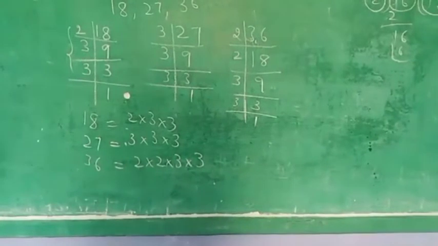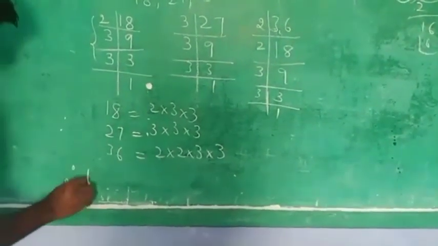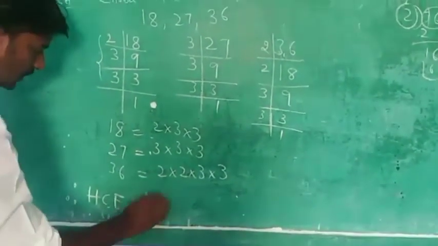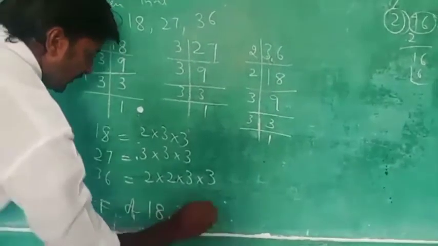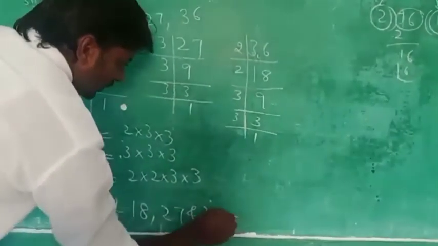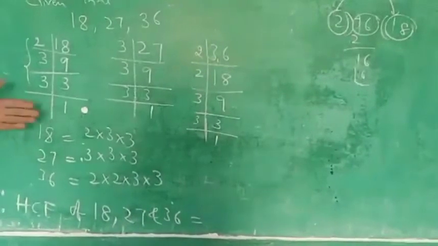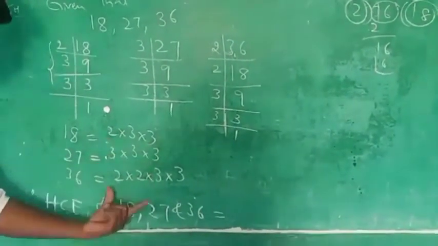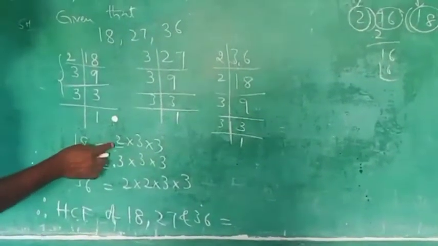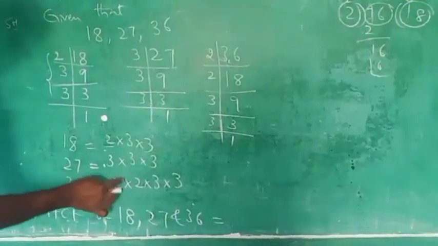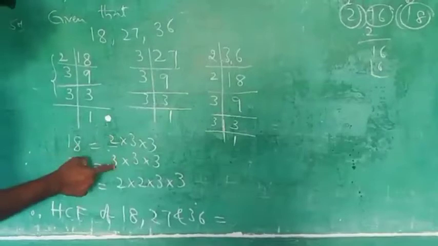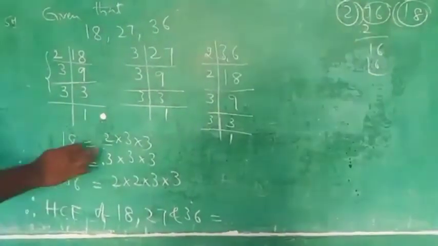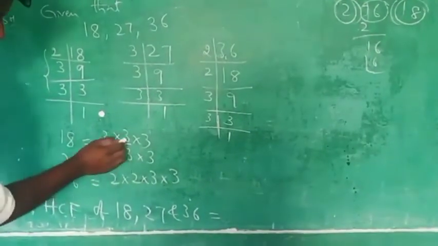Now we have to find the HCF. The HCF of 18, 27 and 36 is nothing but, see here, in these three sets of factors, which are common. For example, 2 is there. Is there any 2 here? Yes, but it must be in all the numbers, so don't take 2. 3 once: is there 3 here also?